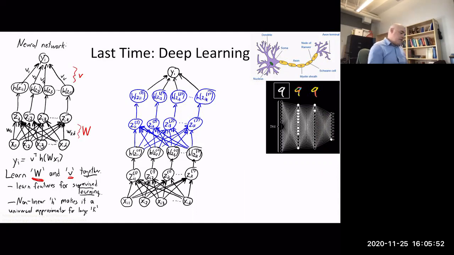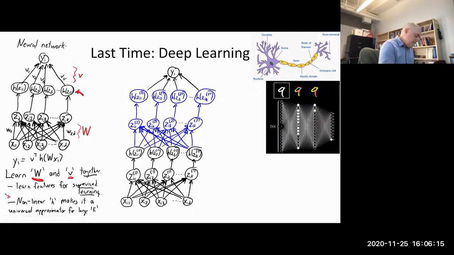And the critical part is that in order for this to not be just another crazy, unnecessary, redundant parameterization of a linear model, you need these nonlinearities. We talked about basically sigmoid activations for those nonlinearities, motivating them in a couple of different ways.